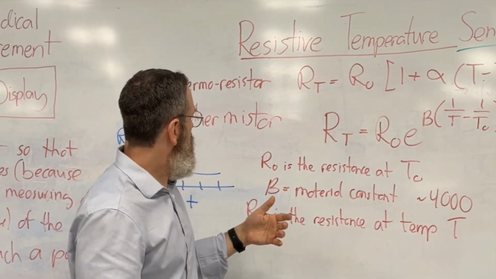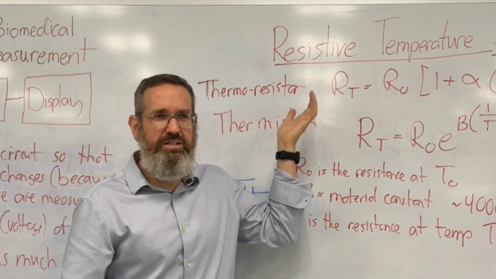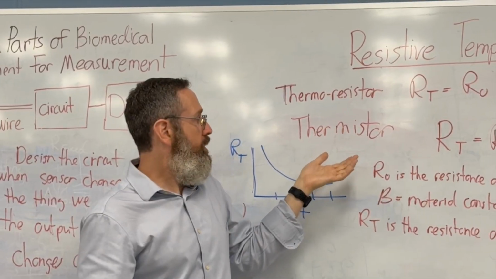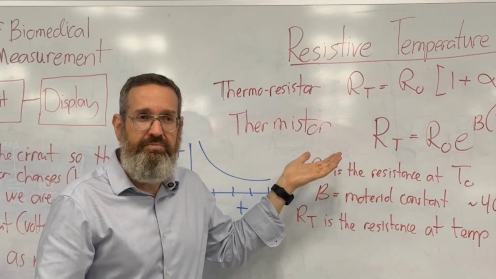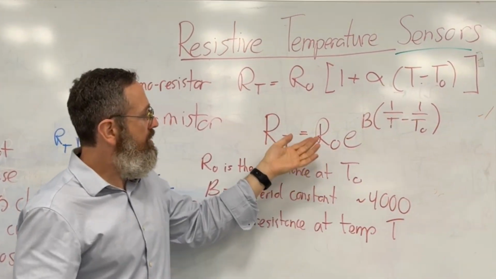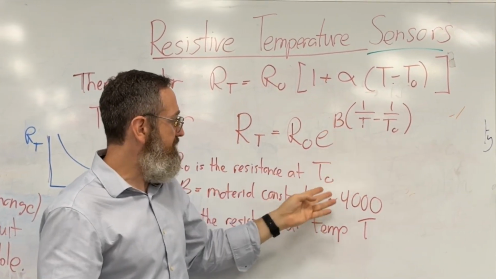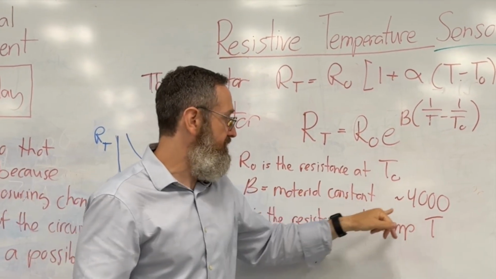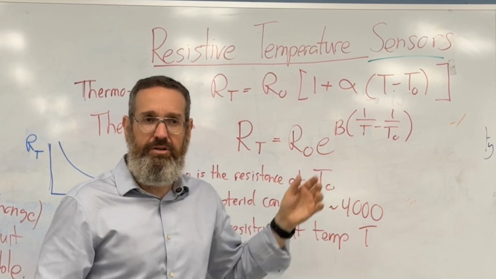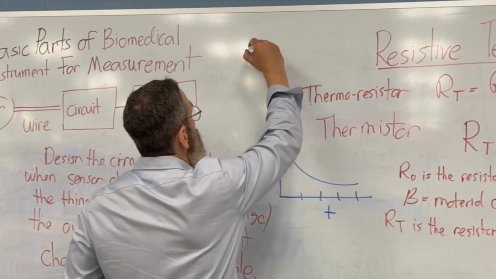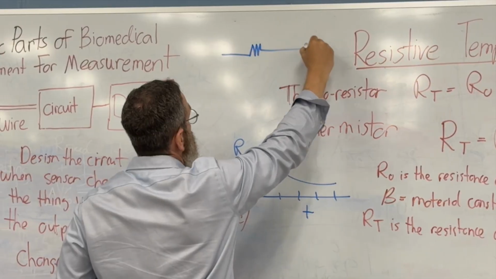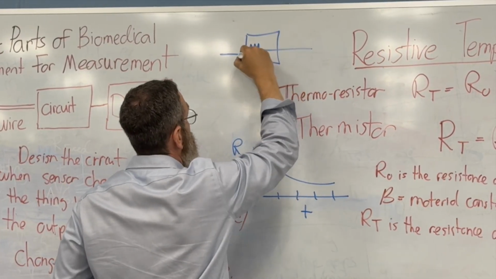Well, why are some things thermoresistors? Why are some things thermistors? And why do they come with different betas? Beta could be 4,000, it could be 3,000. Why are they different? I want you to remember that resistors are physical objects.